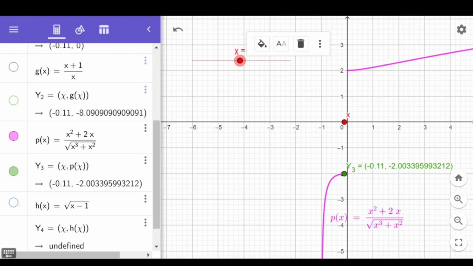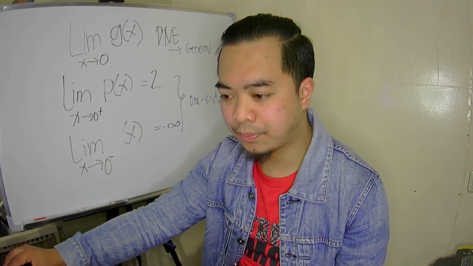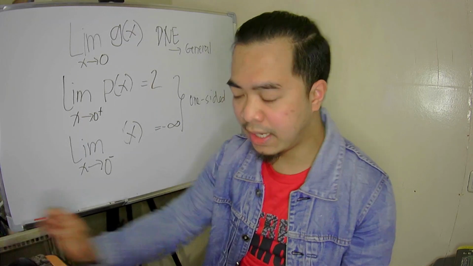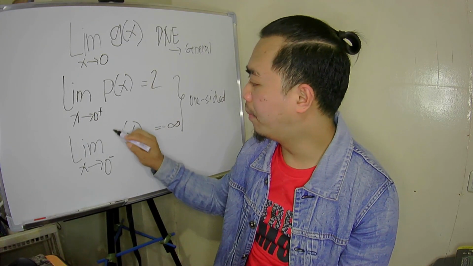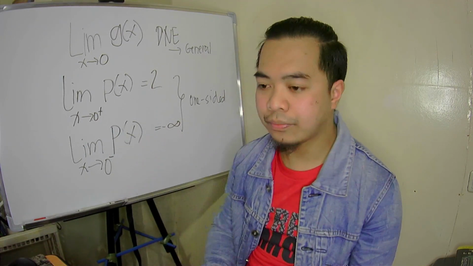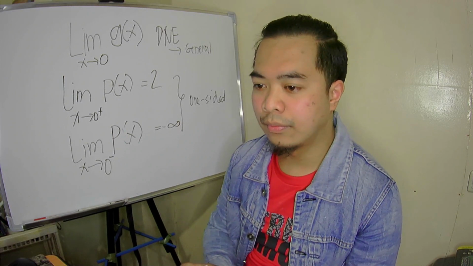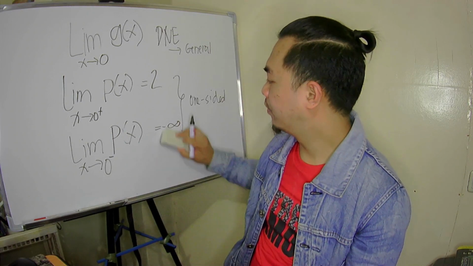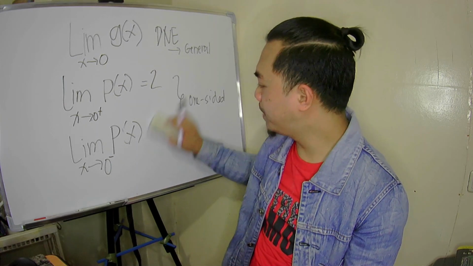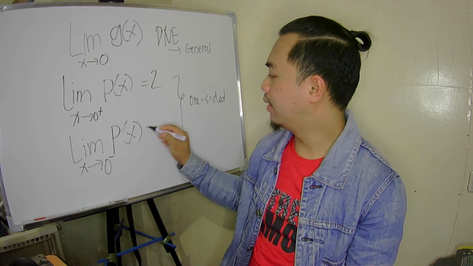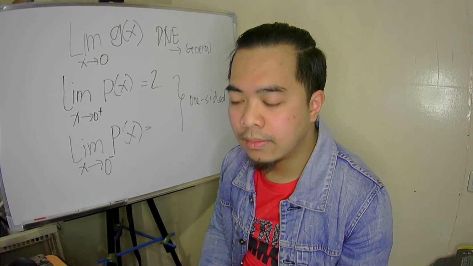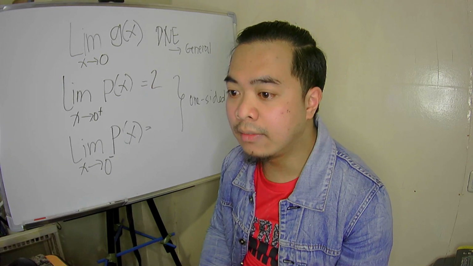What happens to the function? Anong mangyayari sa function natin? Anyone? I need someone to speak. The graph is negative 2, no?